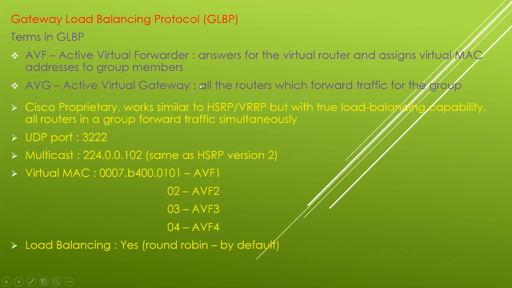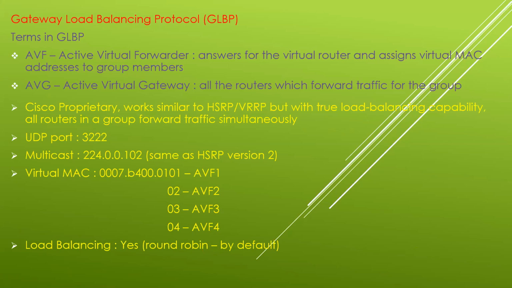So now AVG, active virtual gateway, means all the routers which forward traffic for the group. They are all bound to one virtual gateway so that they can do the load balancing.